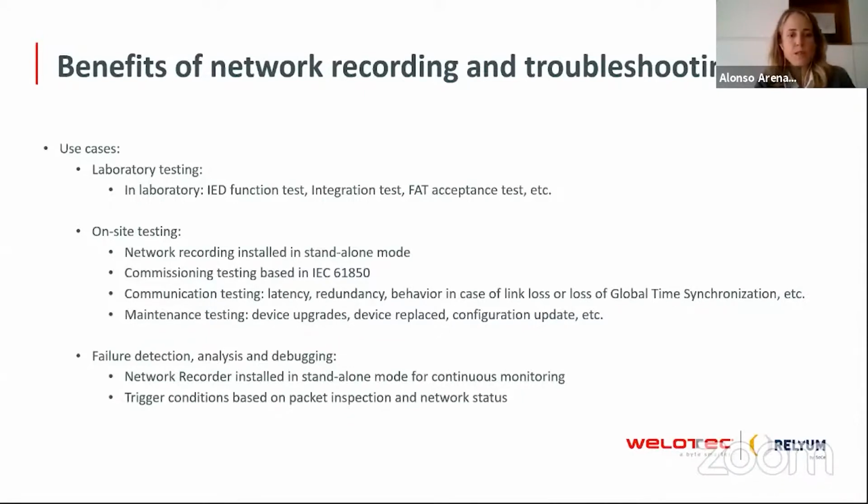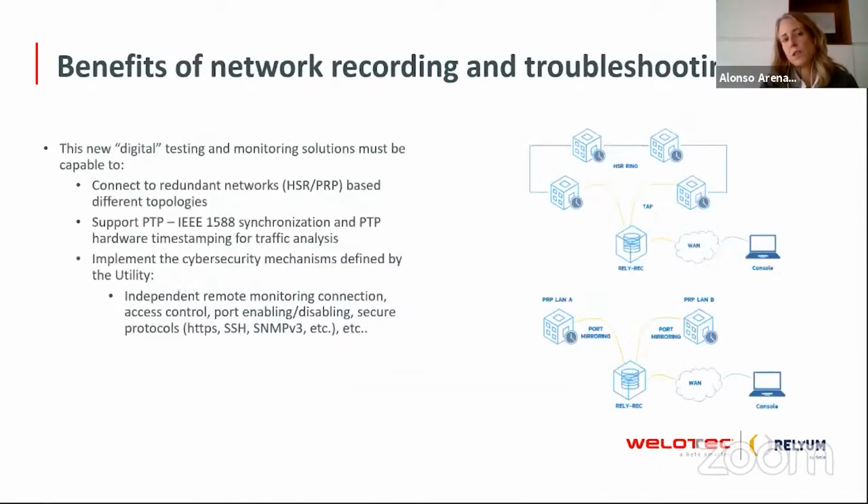So we have to consider all these new uses that are available with these network recording systems. But to be compatible with the new networks, let's see in the next slide some requirements related to these new testing tools.